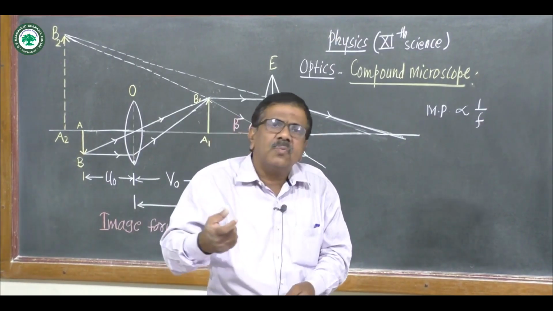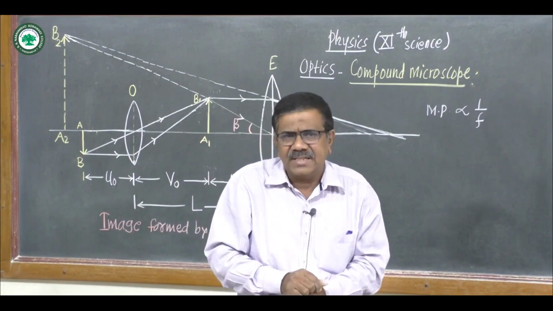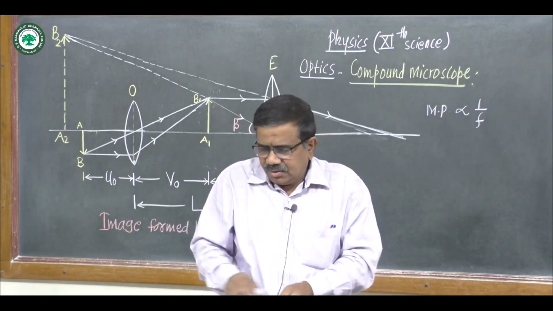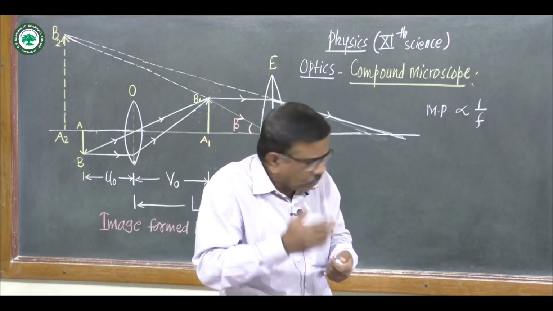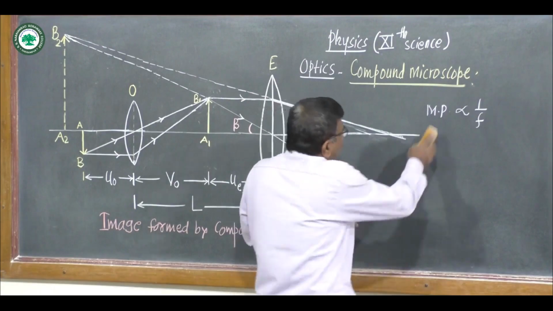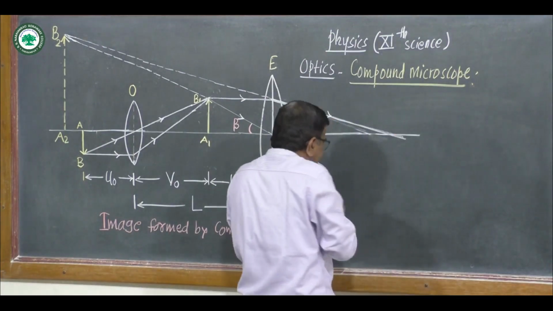In a simple microscope we use only a single convex lens. To get large magnification without defect in the image, the compound microscope is used, and this compound microscope consists of two convex lenses.